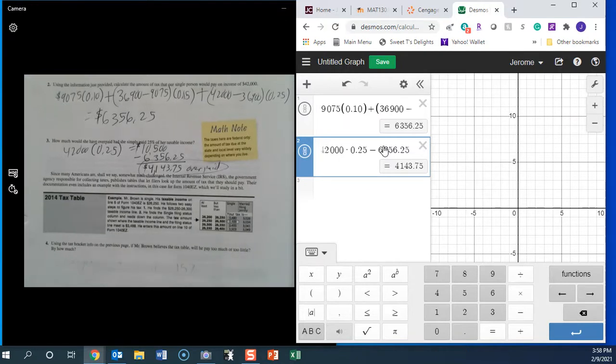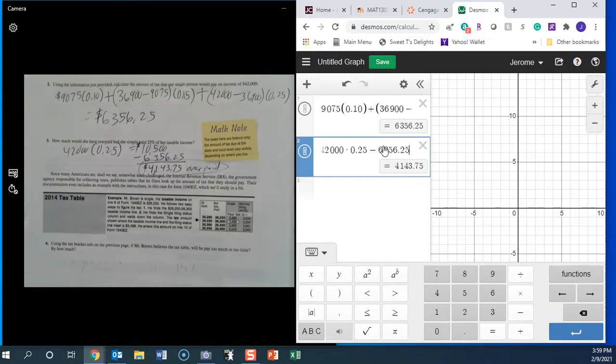It says, since many Americans are, shall we say, somewhat math challenged, the Internal Revenue Service, IRS, the government agency responsible for collecting taxes, publishes tables that let filers look up the amount of tax that they should pay. Their documentation even includes an example with the instructions. In this case, the case for Form 1040EZ, which we'll study in a bit.